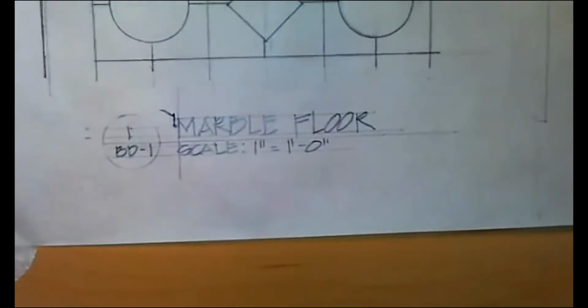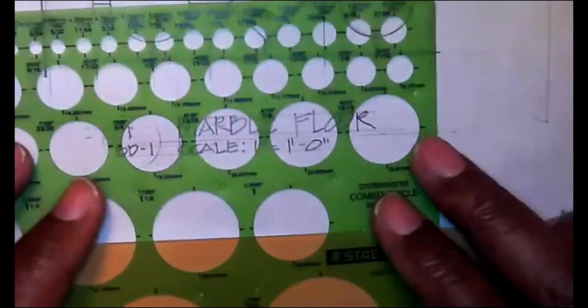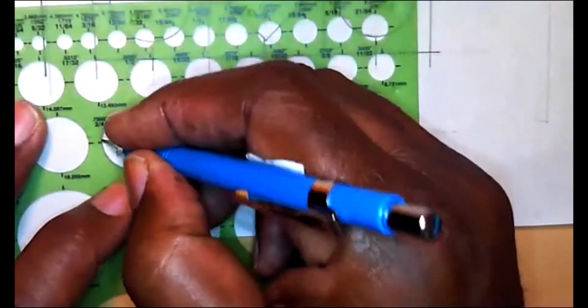So let me just go around the perimeter and lighten this up a little bit. And I'm just going to make it a secondary line.